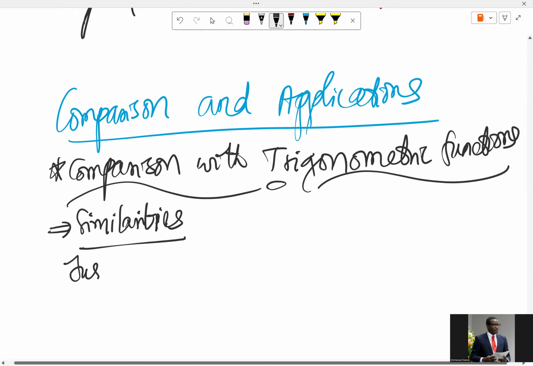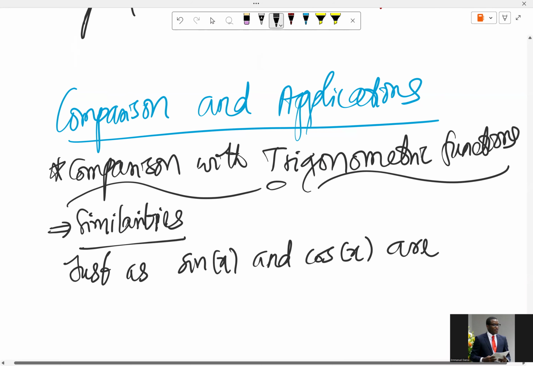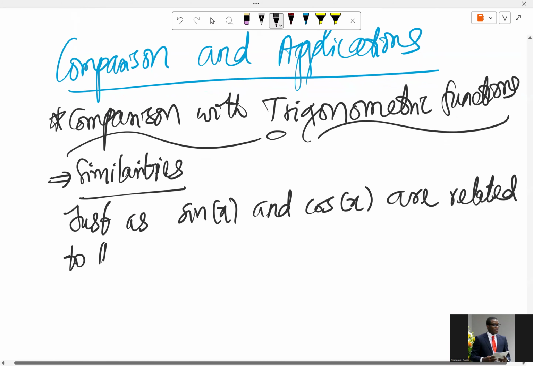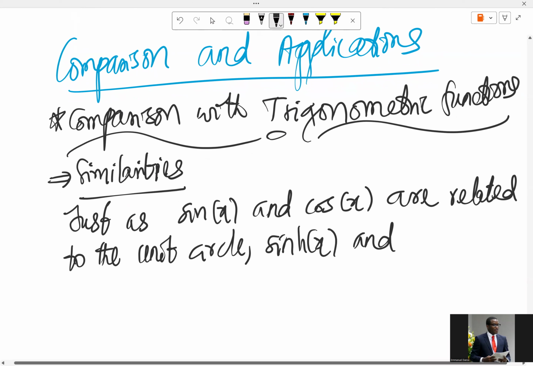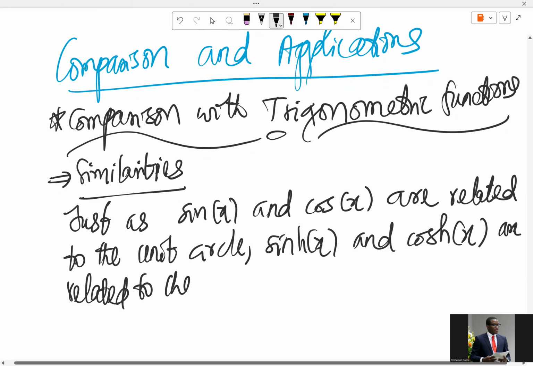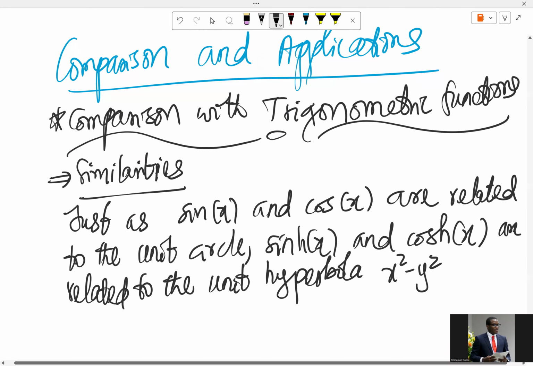First of all, just as sine x and cos x are related to the unit circle, sinh x and cosh x are related to the unit hyperbola, which is given as x squared minus y squared equals 1.